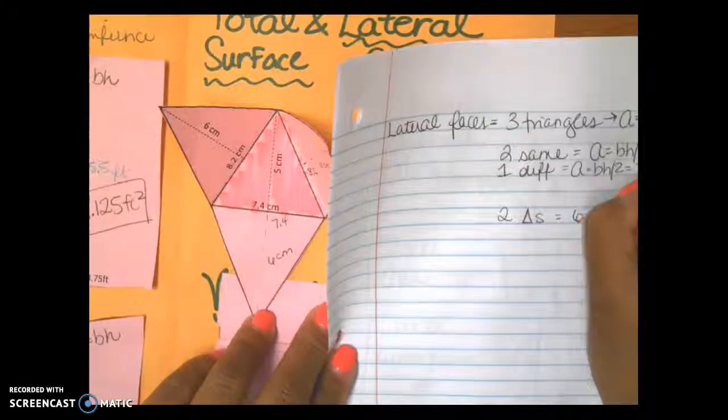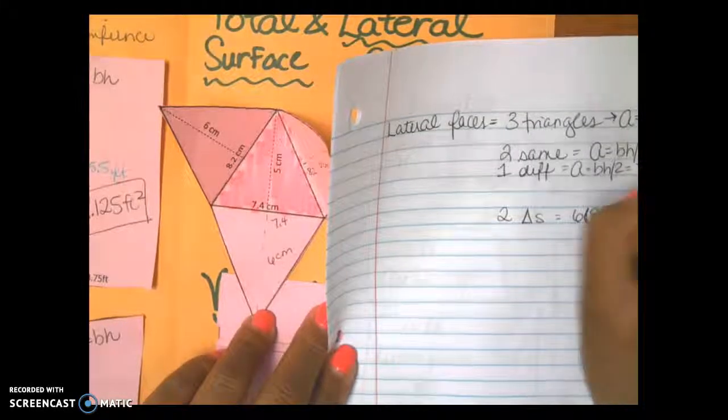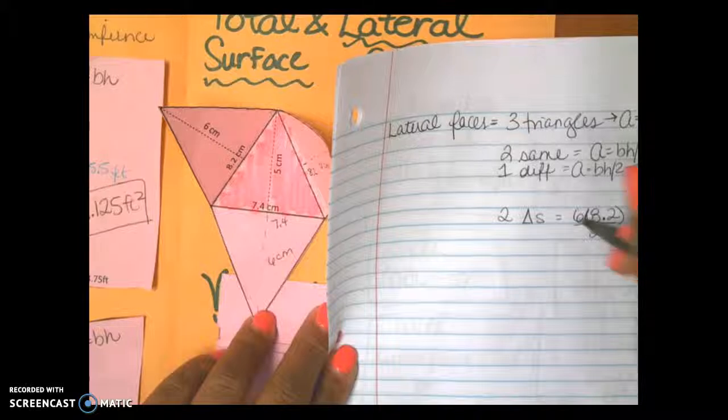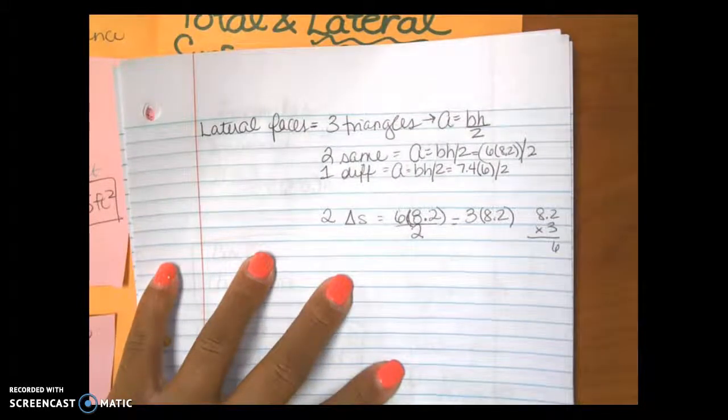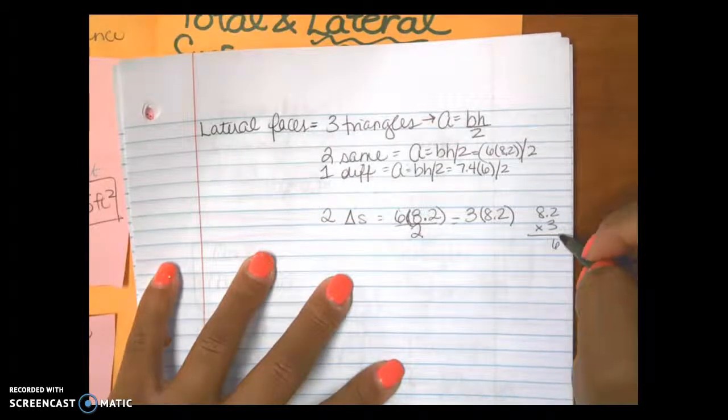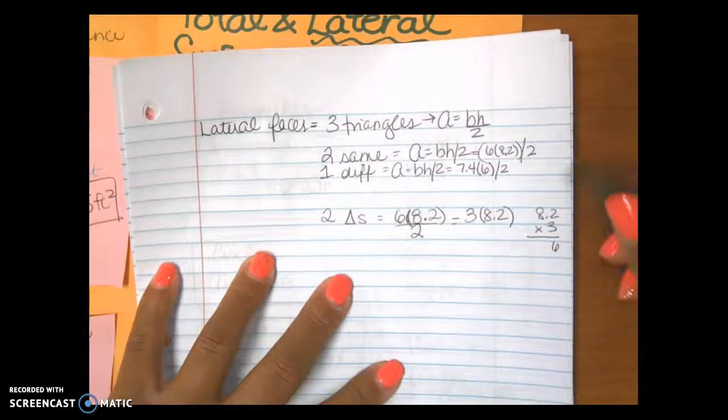So my two triangles are 6 times 8.2 divided by 2. What's half of 6? 3. 3 times 8.2. Pay attention. Put the decimal point. No, I don't put the decimal point in the middle of a multiplication problem.